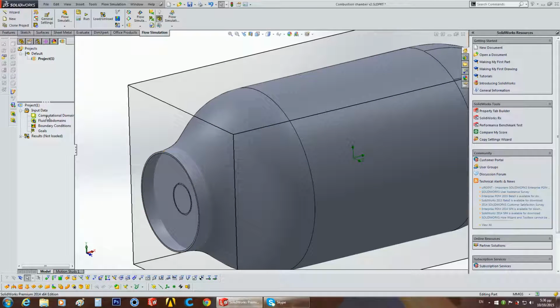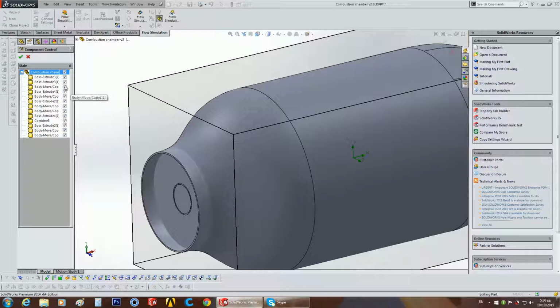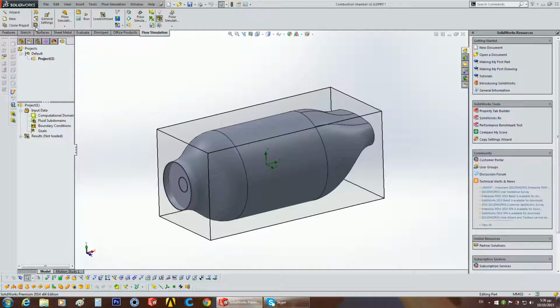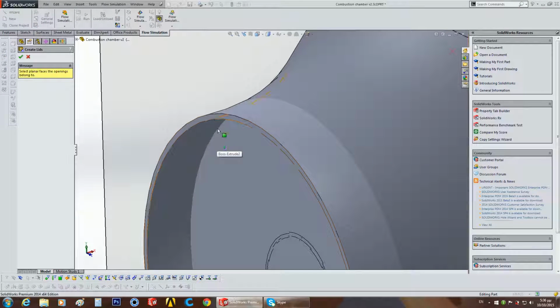At this point, you click in the input data, component control, and you disable all the internal cross sections where you want to measure flow rates, except the combustor case and the combustor liner. So this is the only thing that I want to use for the flow simulation. Also we need to create the lids.